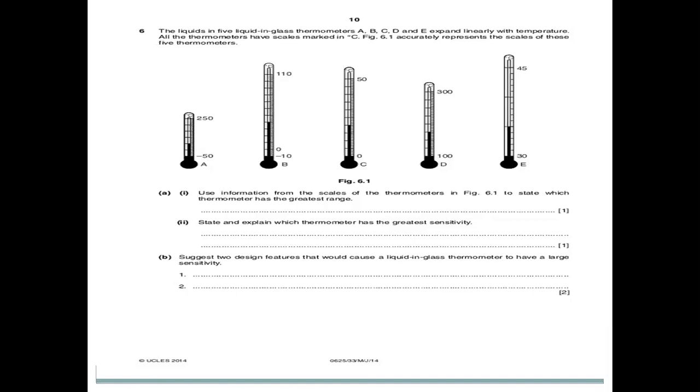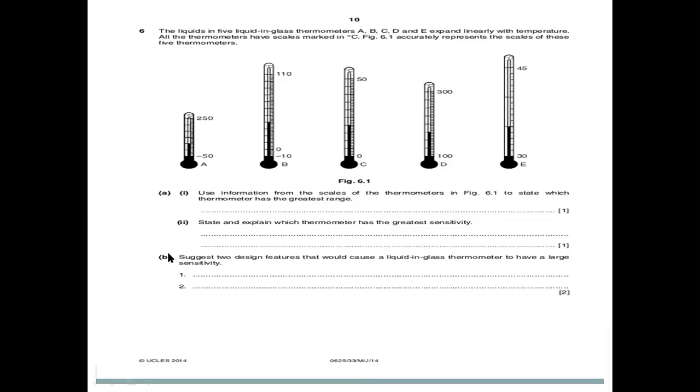We said that sensitivity is opposite to range. So the one that has the lowest range has the greatest sensitivity. That's why E is the one that has the greatest sensitivity and A the greatest range.